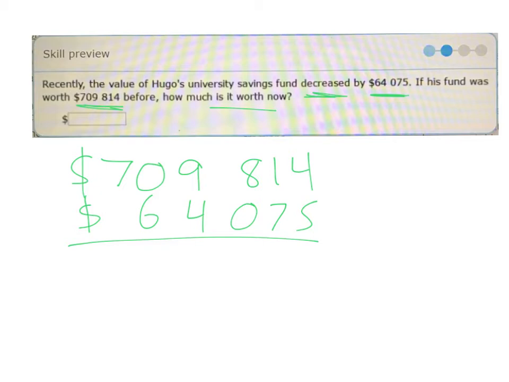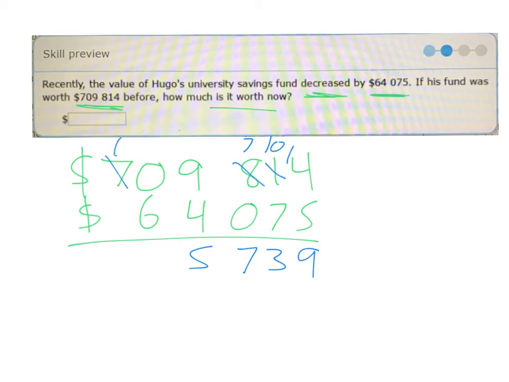So doing that math, 4 minus 5 we can't do. Borrow from the tens. That becomes 0, 14. 14 minus 5 is 9. 0 minus 7 we can't do. Borrow from the 8, it becomes a 7. 0 becomes 10. 10 minus 7 is 3. 7 minus nothing is 7. 9 minus 4 is 5. 0 minus 6 we can't do.